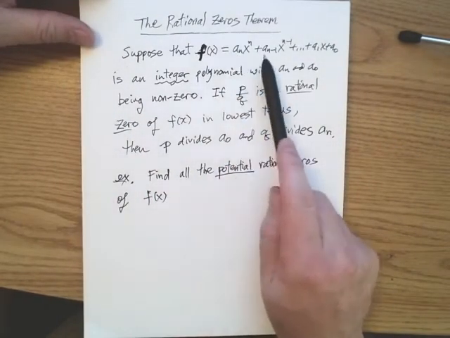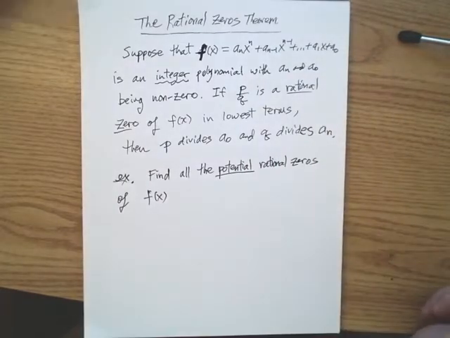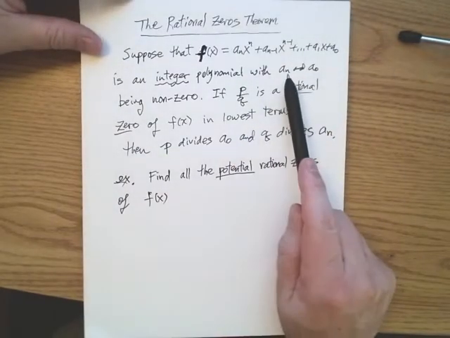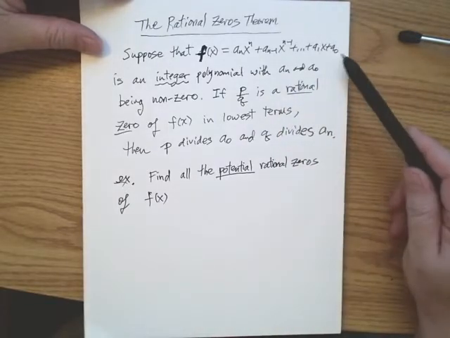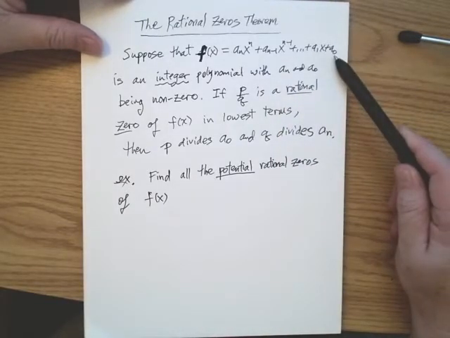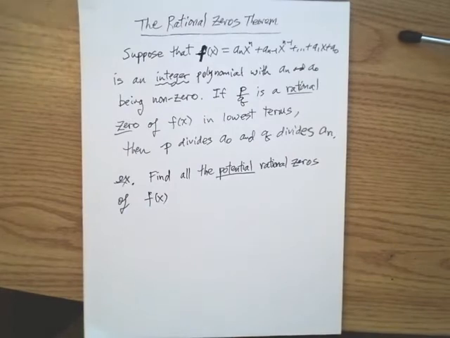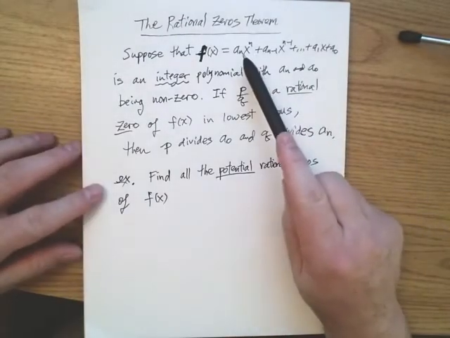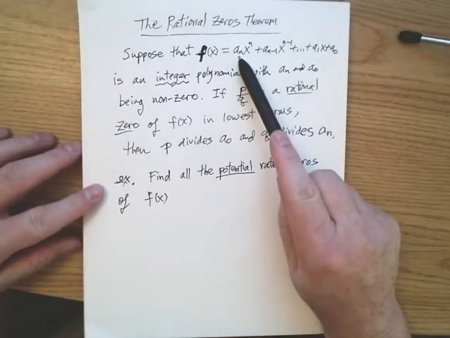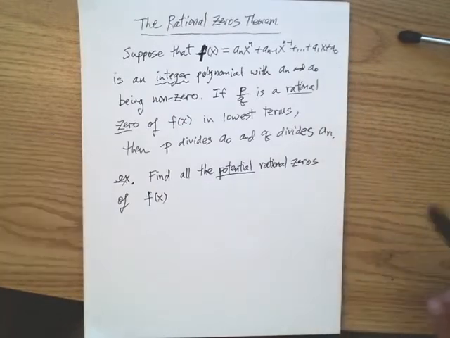So all these coefficients are integers, right? The other little stipulation, I'm assuming the leading coefficient and the constant term at the end are non-zero. They're all integers, but the additional condition is the first and last coefficients are non-zero.